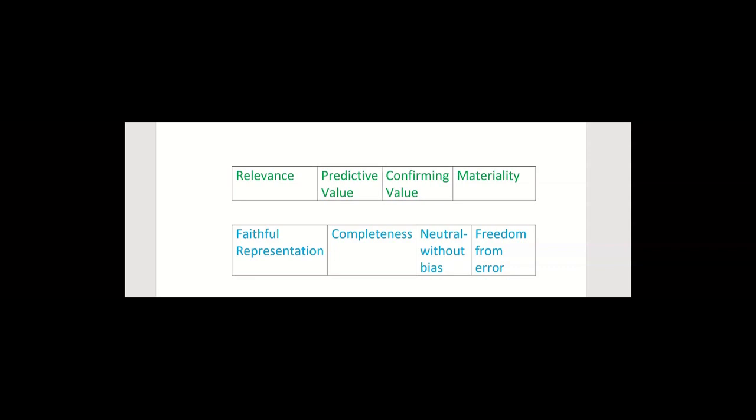So relevance, you got to know the ingredients of relevance, which are predictive value, confirming value, and materiality. Then the other primary characteristic, faithful representation. Well, in order to be faithfully represented, the financial information must be complete. It also needs to be neutral, without management bias, and free from error.